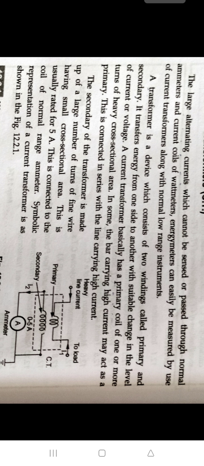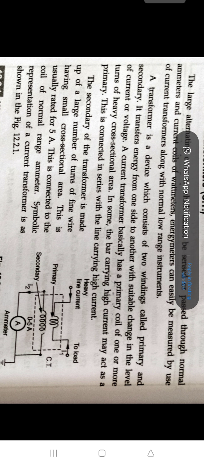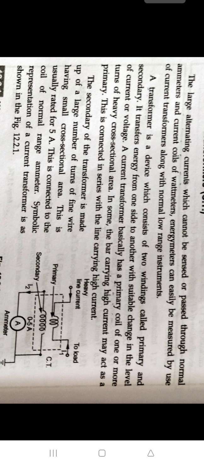The number of turns in the secondary may run to tens and thousands, with a small cross sectional area. These two terms we need to remember. In the primary, the number of turns is only one or two and the cross sectional area is very high, so very thick conductor is used. In the secondary of the current transformer, very thin wire is used, so the cross sectional area is very small and the number of turns is very high.